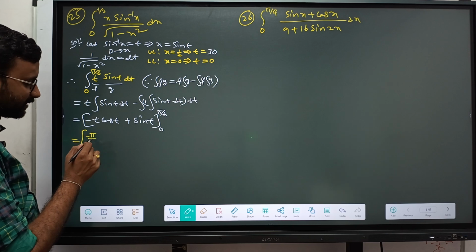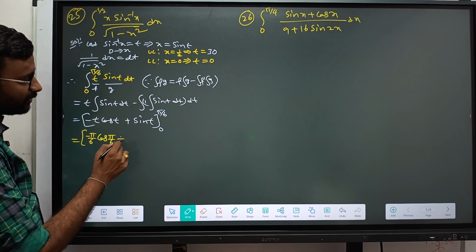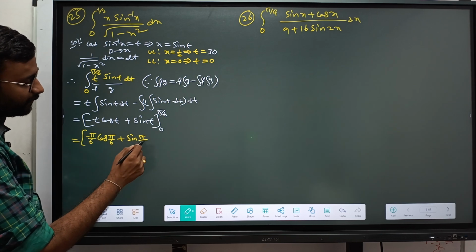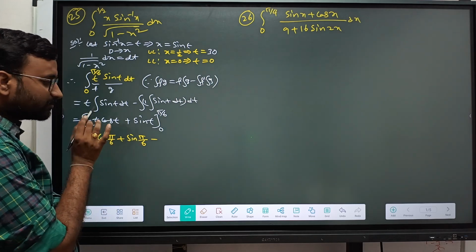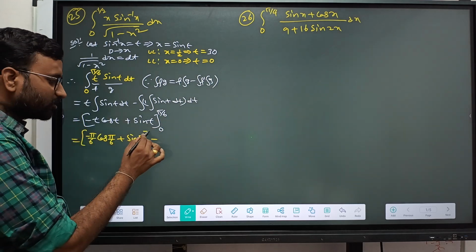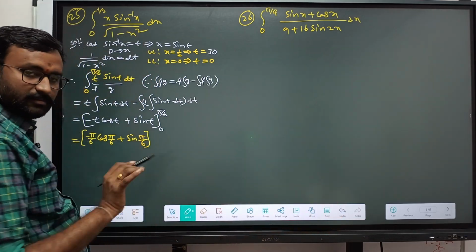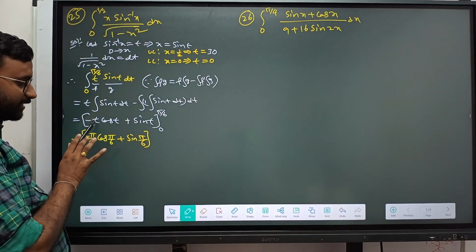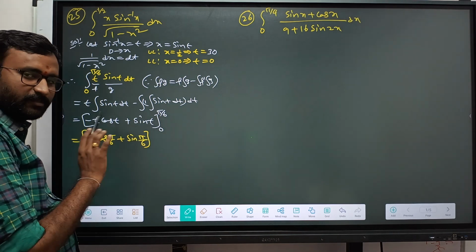Minus pi by 6 and cos pi by 6 plus sin pi by 6, minus the lower limit 0. Cos 0 is 1, but 0 into something is 0. Again this is 0, so there is no need to write the lower limit; it is better to leave it like that. t is 0, 0 into something is 0, sin 0 is 0, that's why I am not writing it.